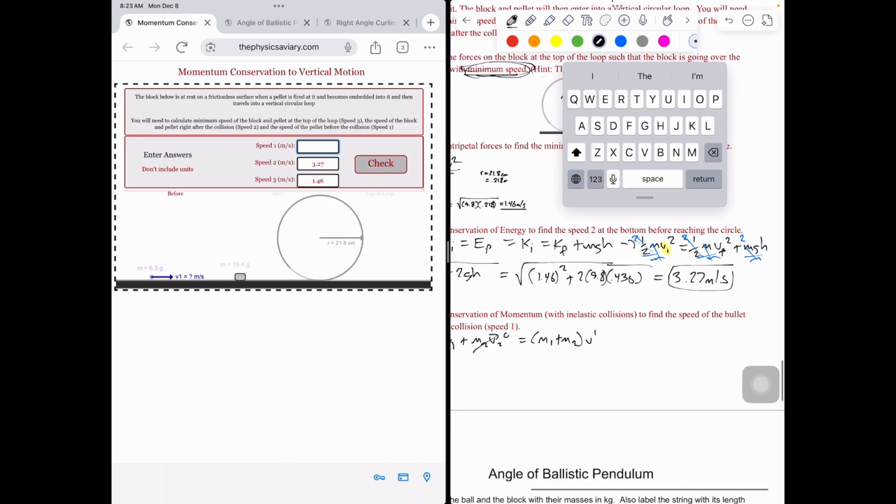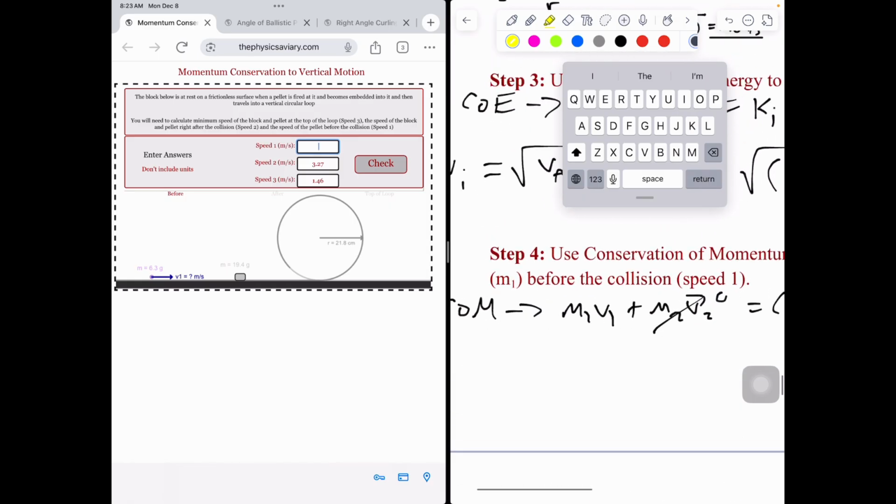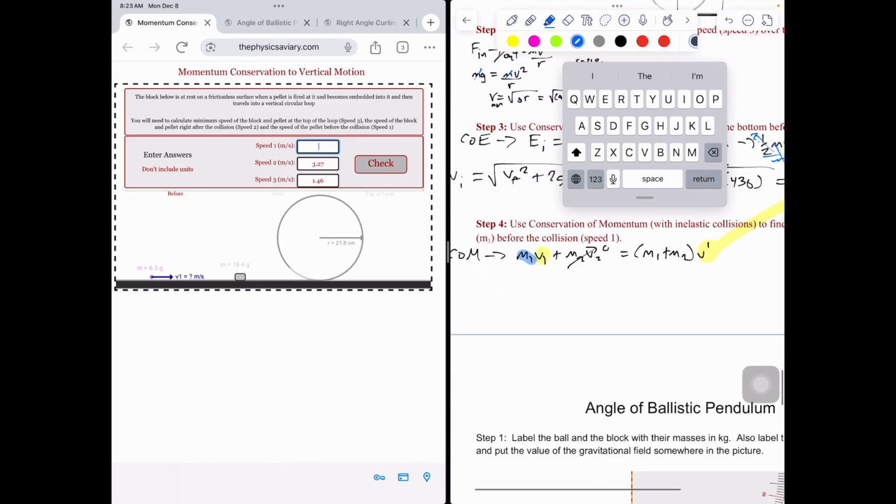Now, the speed you just found right here, that is v prime. That is the speed after collision. So you're solving this for v1. So basically, we just have to divide by m1 and we're good. So v1 is going to be m1 plus m2 times v prime divided by m1.